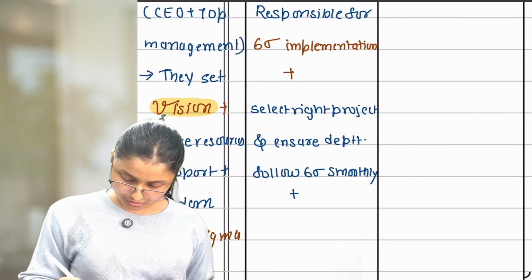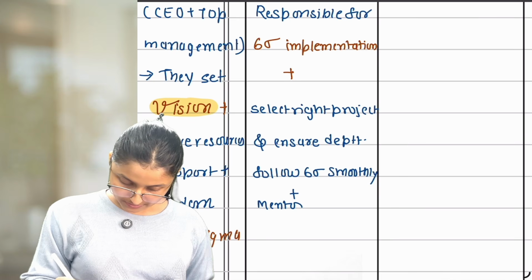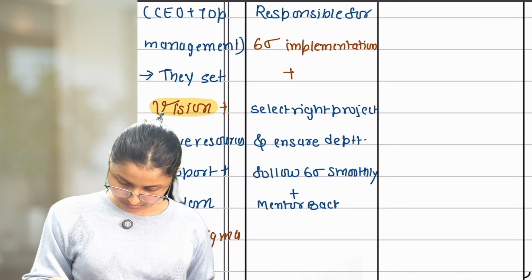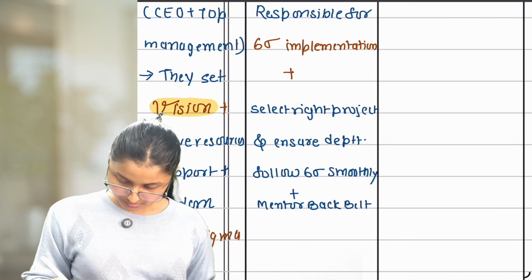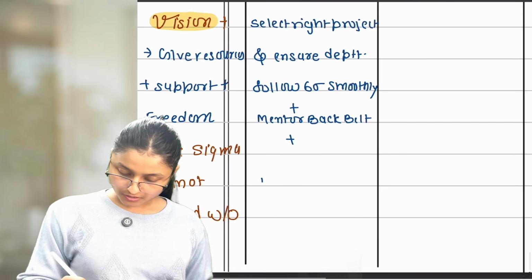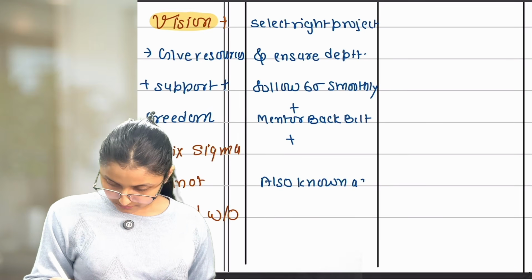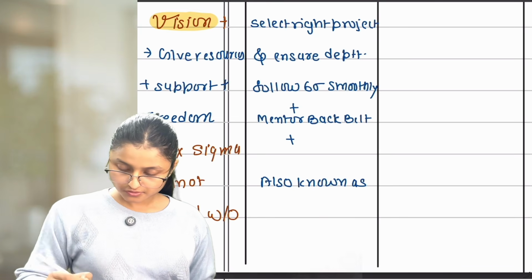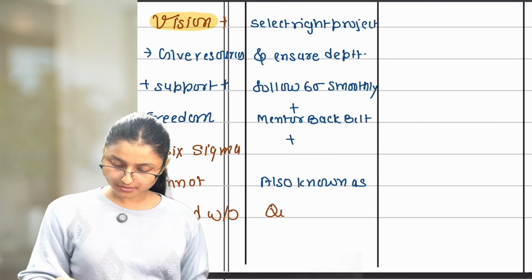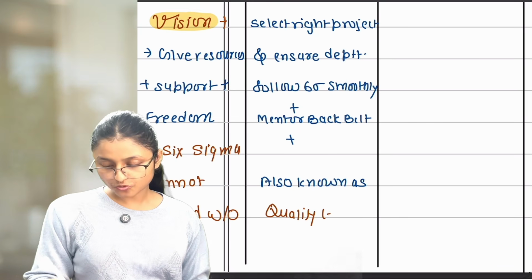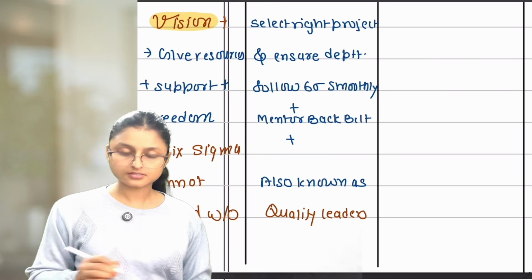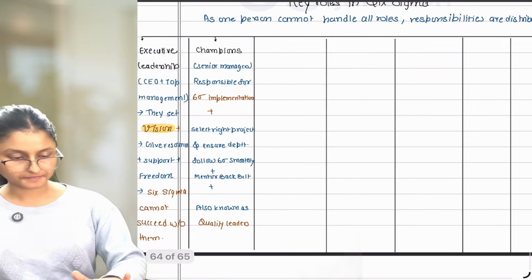Plus, they also mentor black belts and they are also known as quality leaders. So, champions and quality leaders are the same thing. Who gave this name, quality leaders? General Electric gave this name.